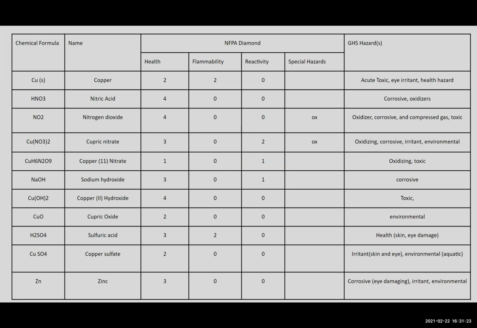Since nitrogen dioxide and cupric nitrate safety data sheets indicated their oxidizing properties, that information was indicated under safety hazards. In conclusion, to minimize such hazards, we must look at the safety data sheets to obtain safety information before conducting an experiment.